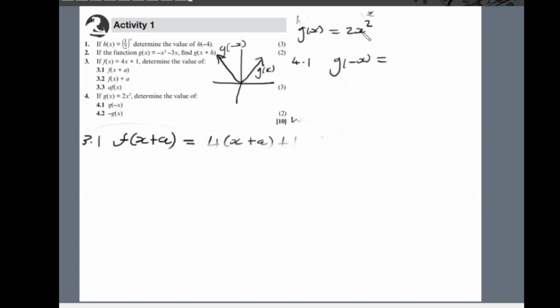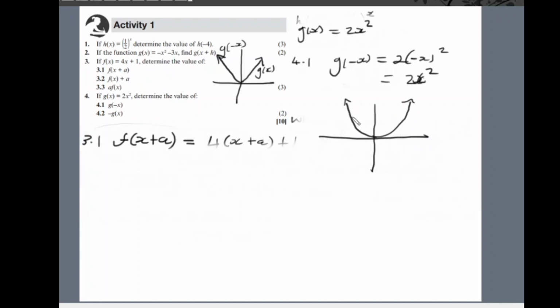So wherever I see x, I put minus x, which will bring us back to the original function. The graph of g is a parabola which looks like this.